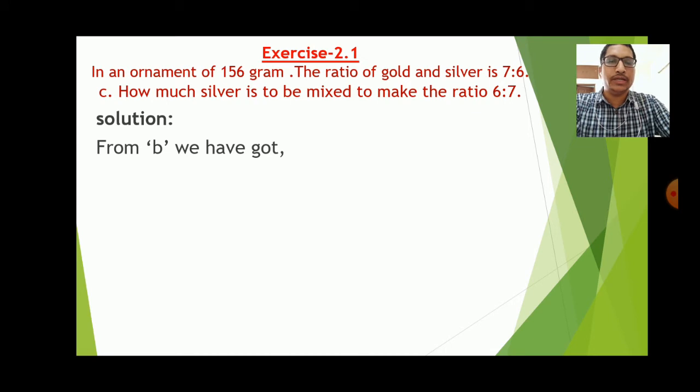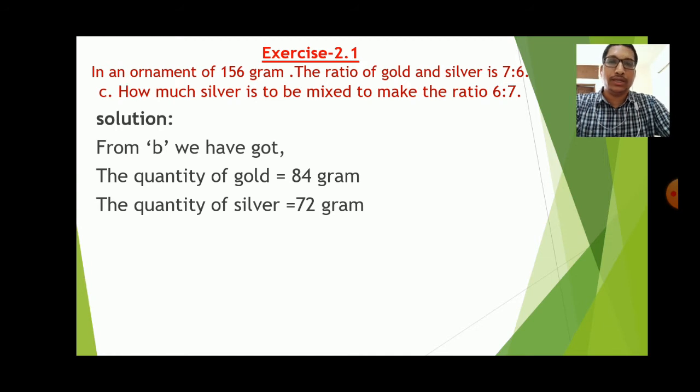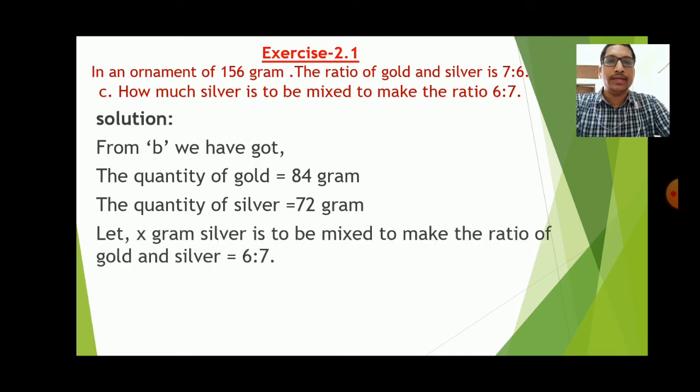At first we will write the got information. So from B we have got the separate quantity of gold and silver. The quantity of gold is equal to 84 gram. The quantity of silver is equal to 72 gram. Now let x gram silver be mixed to make the ratio of gold and silver equal to 6:7.